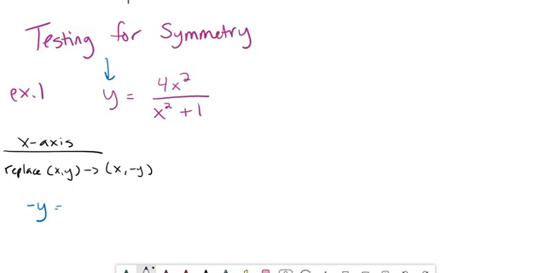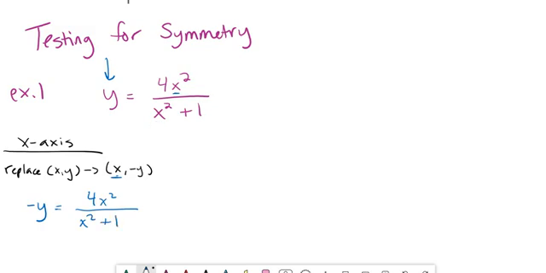Then we go to the right-hand side of the equation. We have 4. I have an x, but my directions say leave it as just an x. I have another x, but again, my directions say leave it as just x, plus 1.